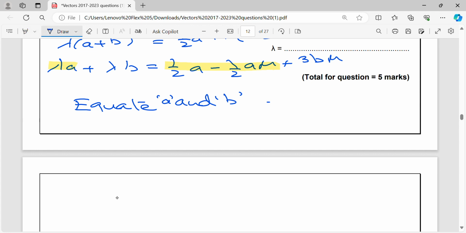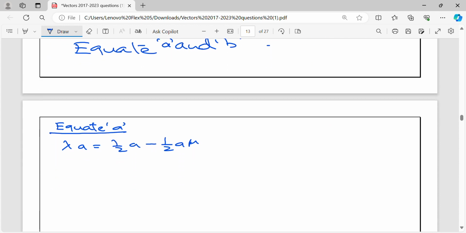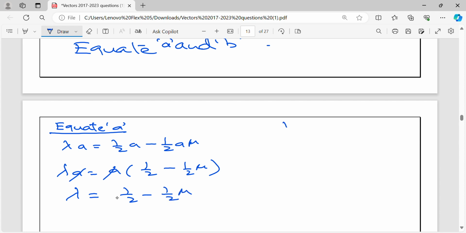Let's equate a first. Lambda a equals 1/2 a minus 1/2 a nu. a is present in all terms, so it will get cancelled. So lambda equals 1/2 minus 1/2 nu. Okay, now let's equate b.